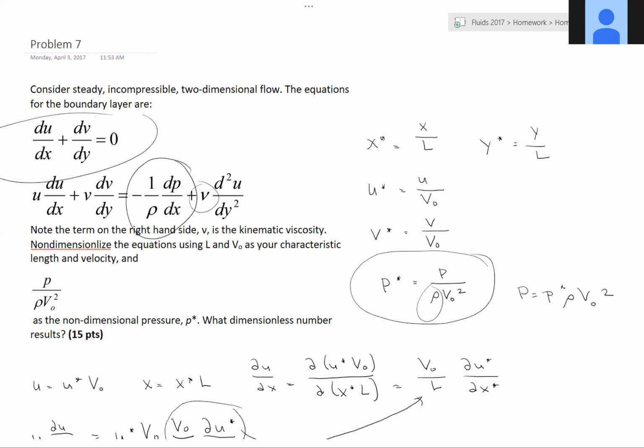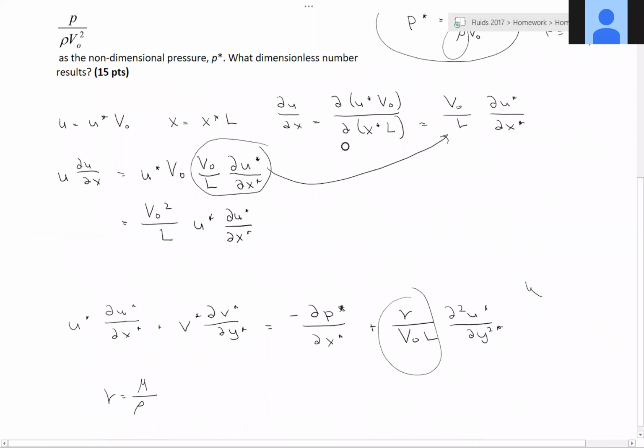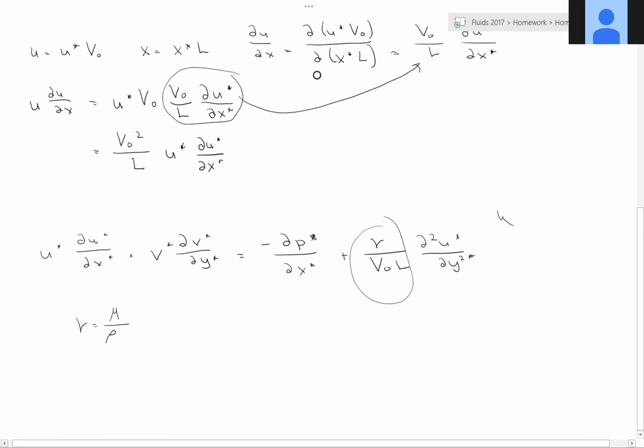So if the Reynolds number is large, that's exactly right. So if this Reynolds number here is large, then 1 over the Reynolds number is small, and that means that this last term is negligible, and we can get rid of it. And that's why you do this.